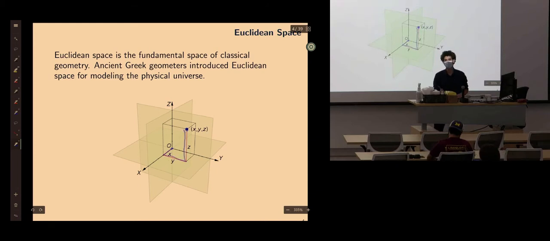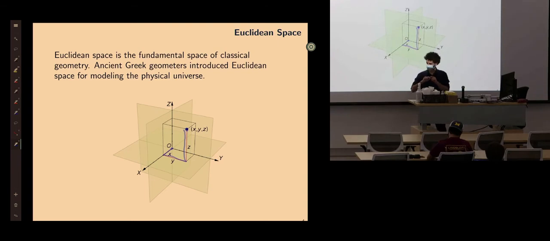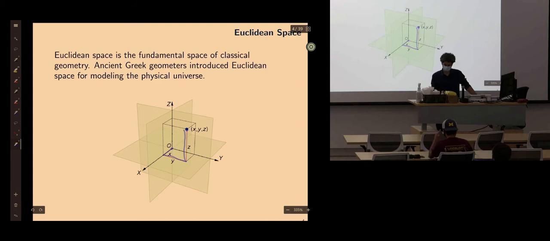What it means is that you can move along x direction independently, and then move along y direction independently, and then move along z direction independently. And you can be at this point x, y, z. And you could first move along y and then x and then z, right? Or z and then y and then x.